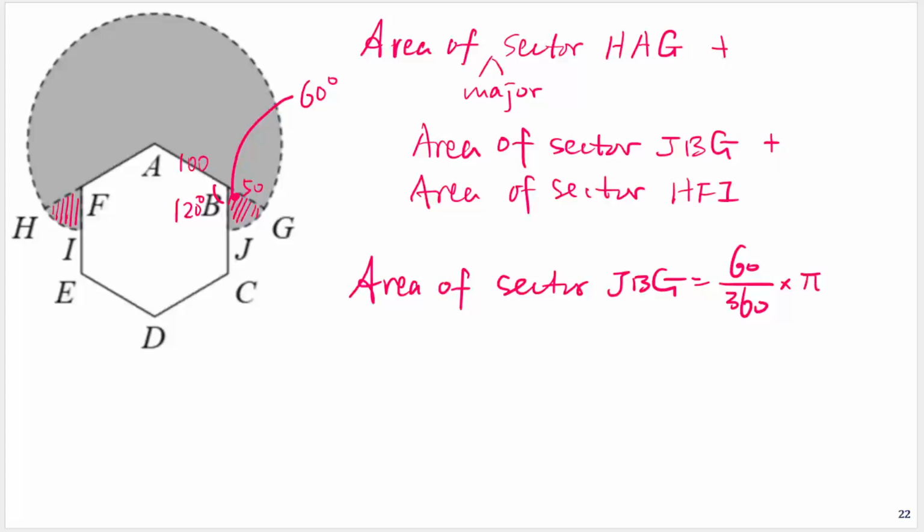Which is pi times 50 squared. And this gives us 1250 pi over 3. And the unit is square feet. On the other side, the sector HFI is basically the same, right?